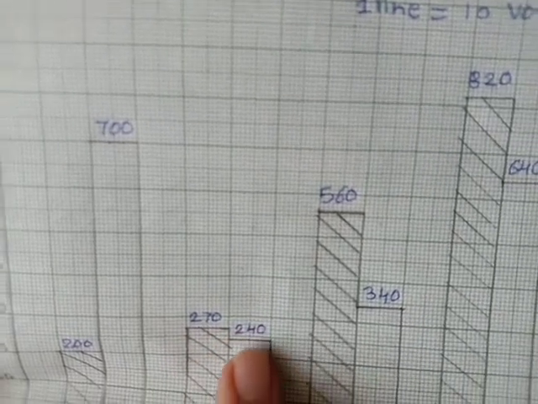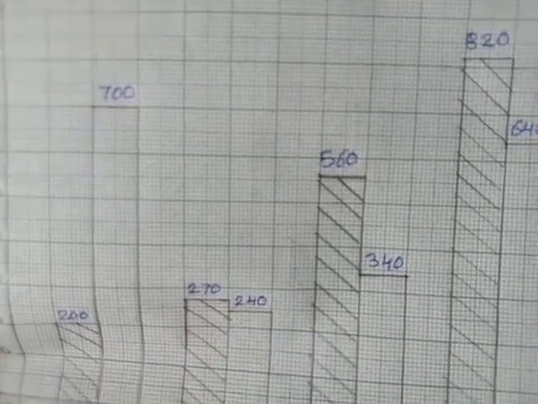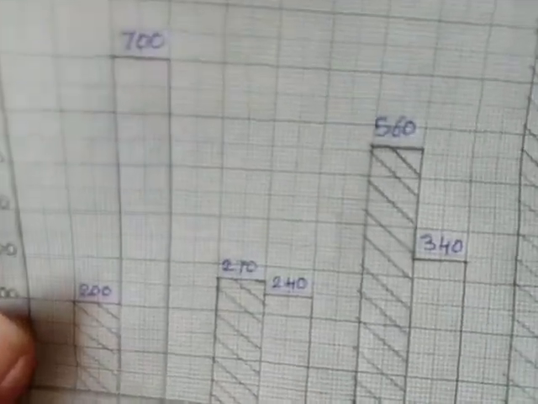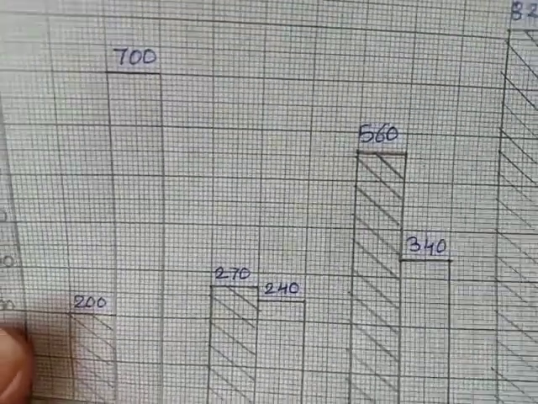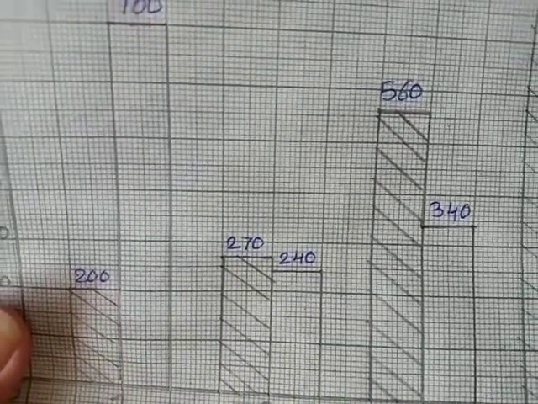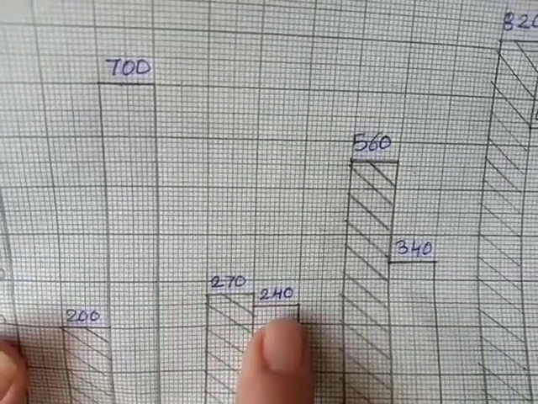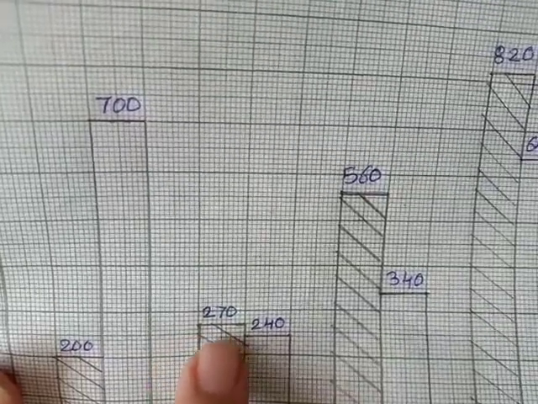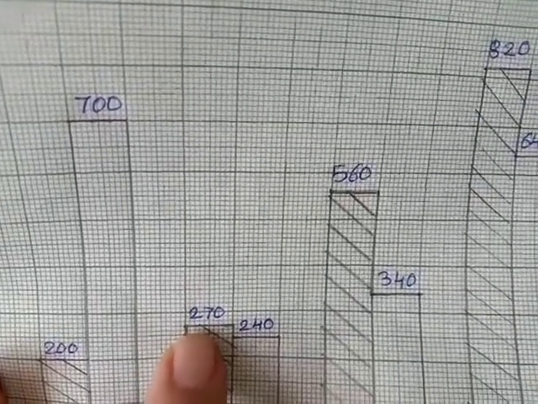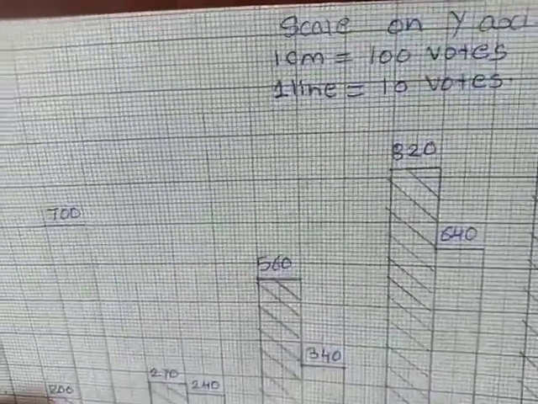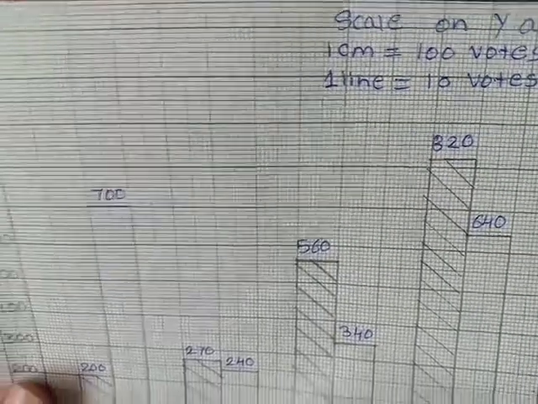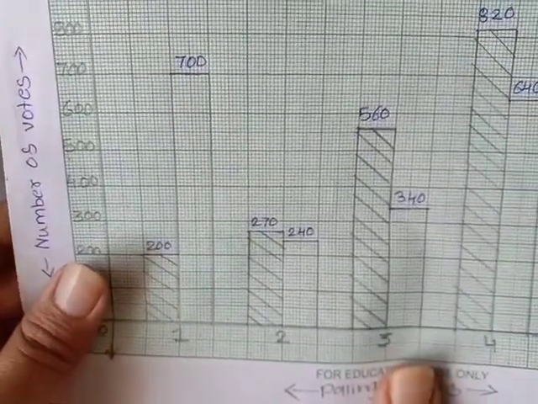And 240 means what? This is 250, the little darker line. Below that you have to take 1 line, that is 240. And above 250 you have to take 2 lines, that is 270. Is this clear, everybody? Mark the lines.